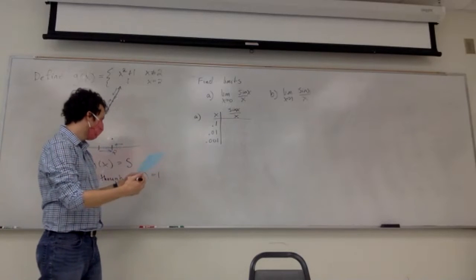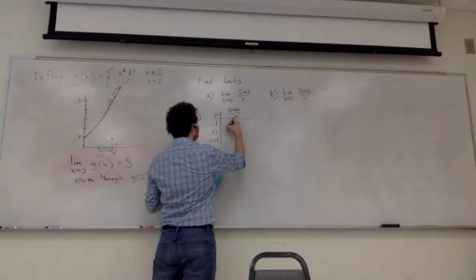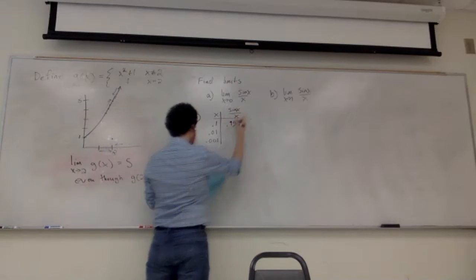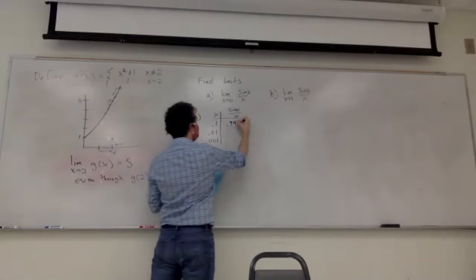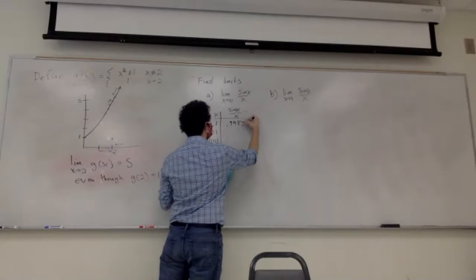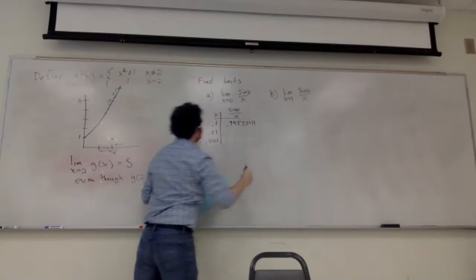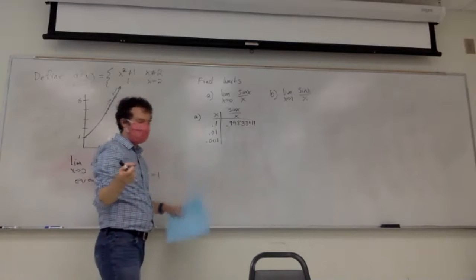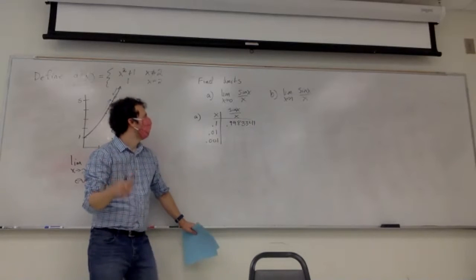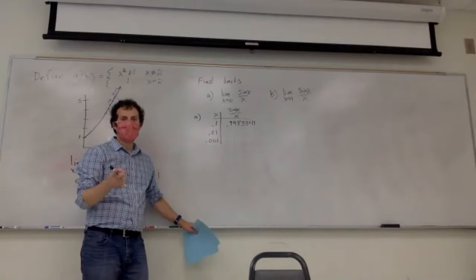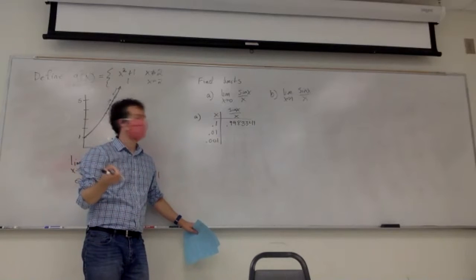But the list we get is 0.9983341. For you guys watching from home, to make sure you get these numbers, you might want to check the lecture notes that I posted.